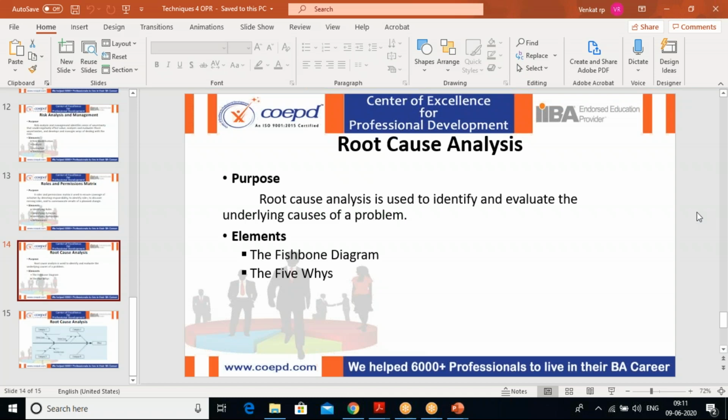But there is a catch here. If the people who are doing this 5 Why are not aware of the process or not aware of the particular project, then you may not reach the root of the problem. And there is one more approach known as the fishbone diagram or the Ishikawa diagram.